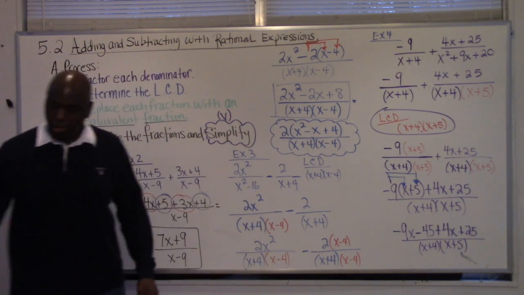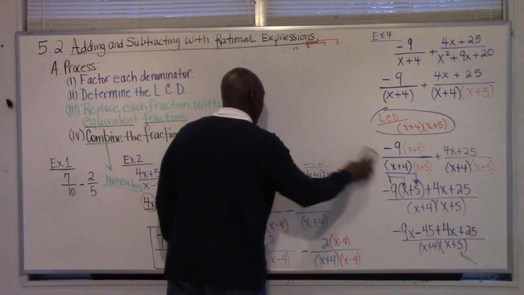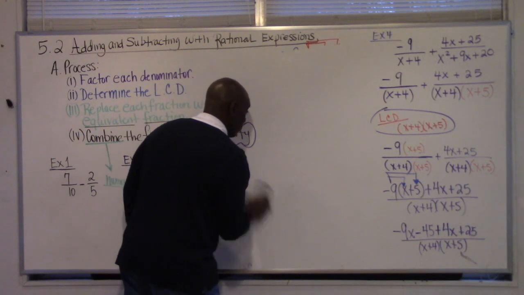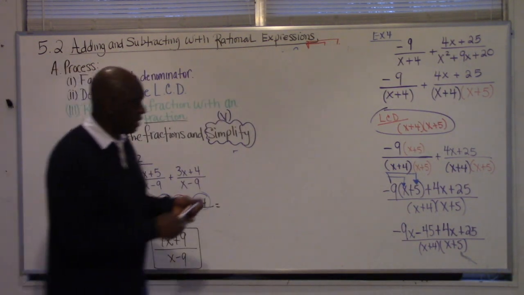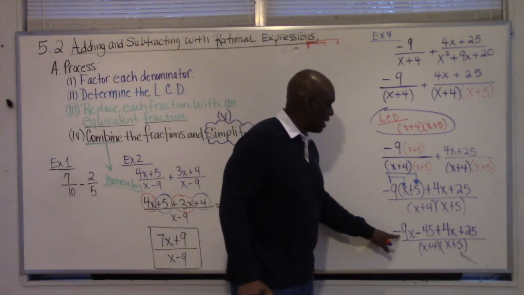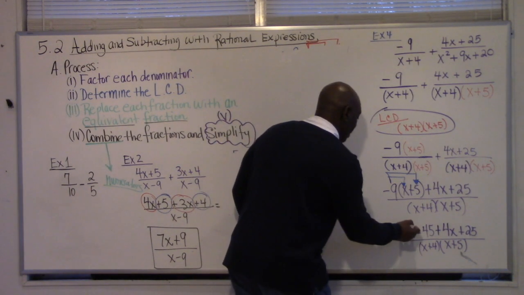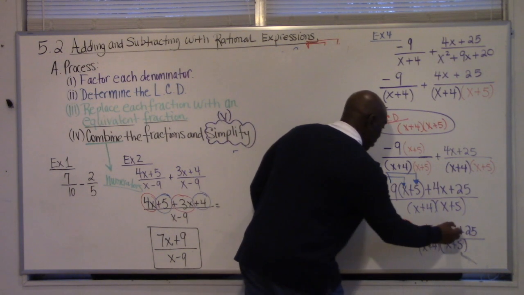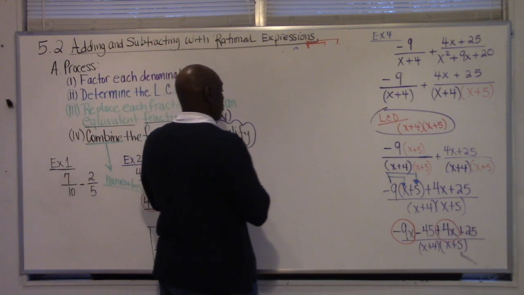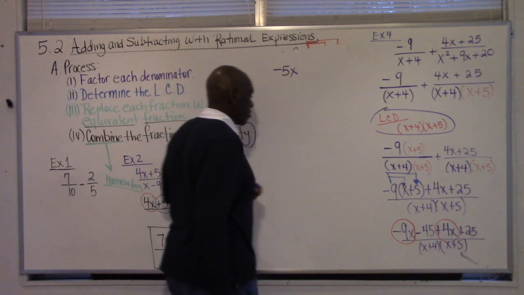Let me give myself some more space. You have to keep combining up here. Combine like terms. Negative 9x plus 4x. We have negative 9x and a positive 4x, and that's going to give me a negative 5x.